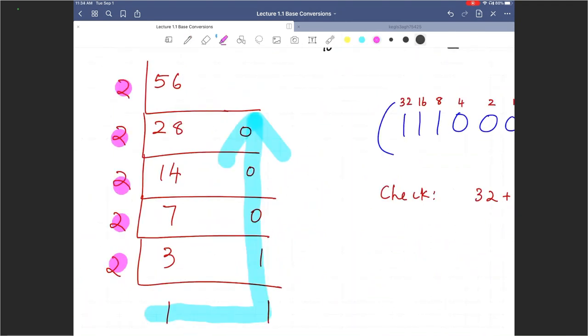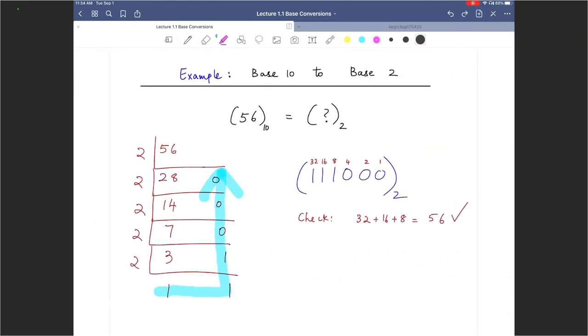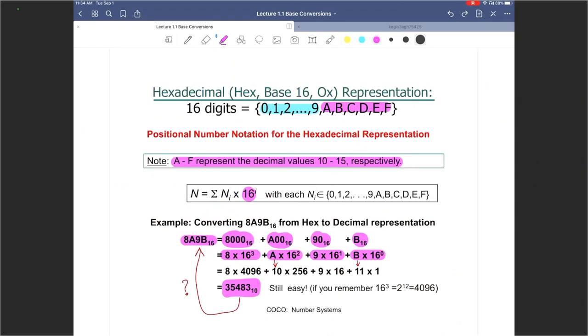That's it. We are still doing that same thing. And when you divide by 16, you cannot have a remainder greater than or equal to 16. You will have a remainder that is less than 16. So it will have to belong to the hex number system. But when you do that, after you divide, you will get numbers, right? You will get 11, you will get 12. For 11, you write B. For 12, you write C, and so on.